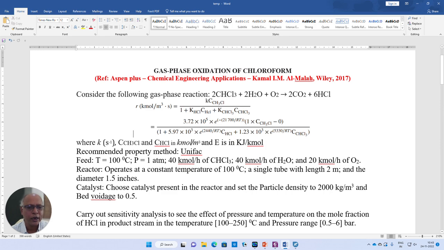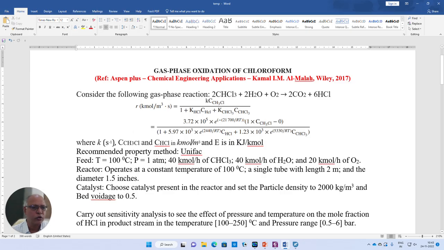And in the denominator, absorption term, you can see 1, 2, 3, 3 terms. The first term is always 1 usually, and the second term contains both A and B. When you take the logarithm for this, the value 5.97 into 10 power 3 will represent A, and 2440 by R will represent the value of B.